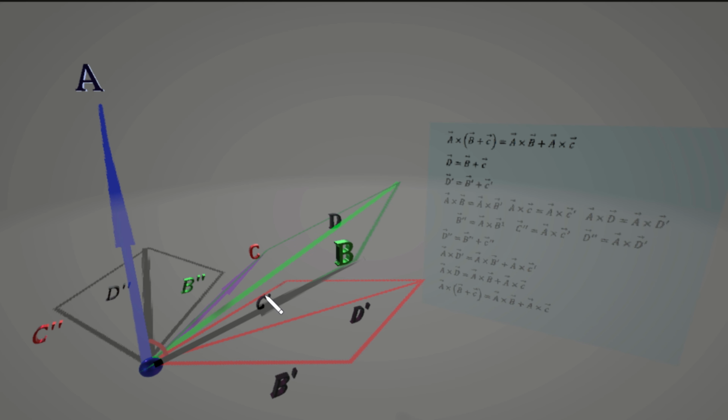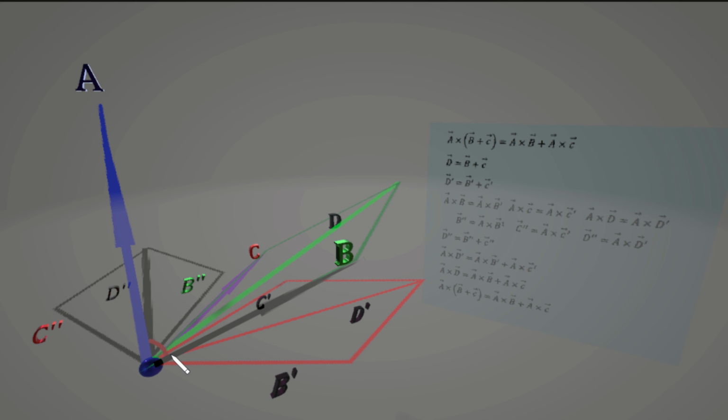Similarly, C prime bar is the component of C bar which is perpendicular to A bar. Similarly, D prime bar is the component of D bar vector perpendicular to A bar. So B prime bar, D prime, C prime lie in the same plane and they also constitute a parallelogram. Therefore, D prime bar we can write as B prime bar plus C prime bar.